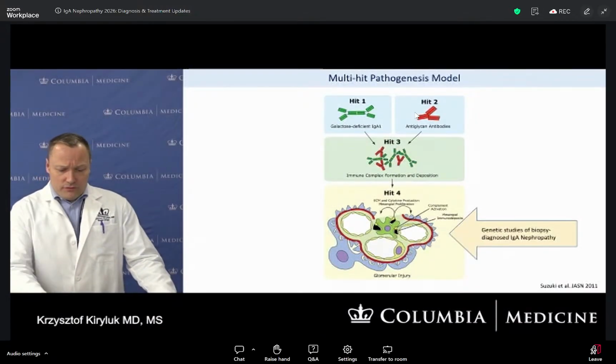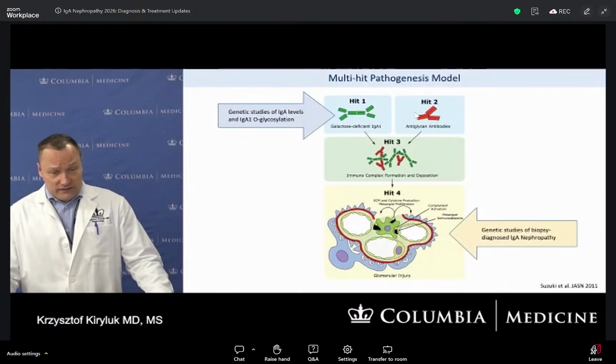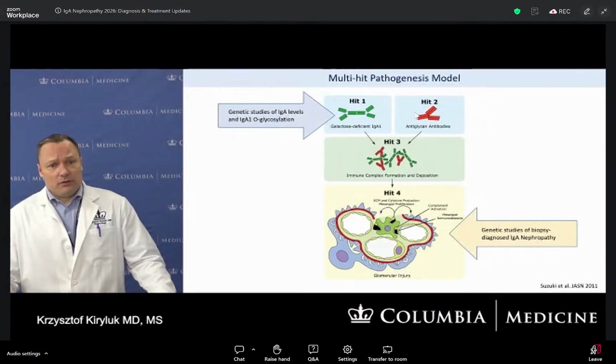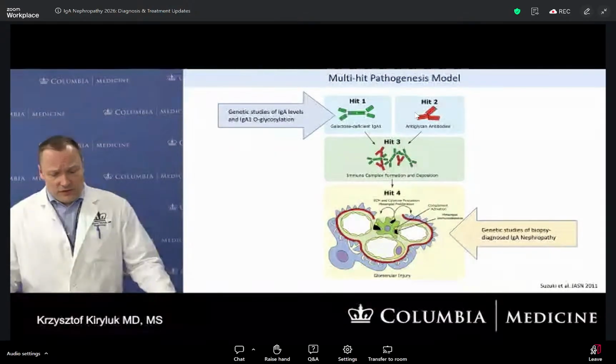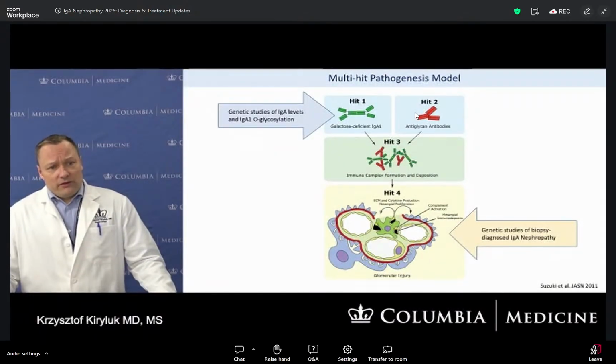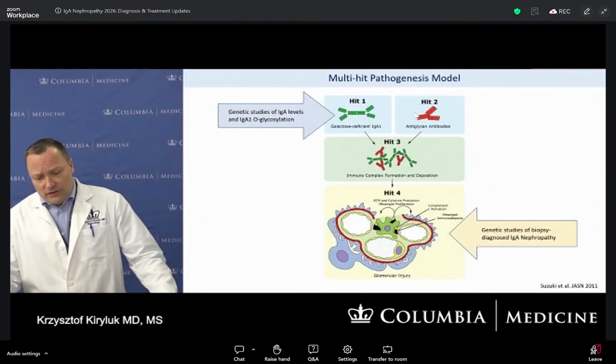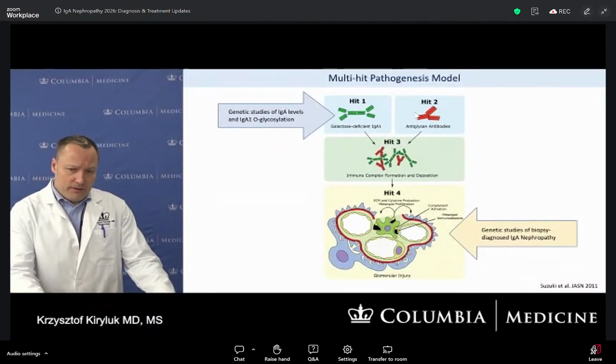But another approach is also to study the genetics of these defects, which have high heritable components, such as studies of the galactose-deficient IgA1 levels, but also studies of IgA levels in general, since those are also associated with increased risk of IgA nephropathy.